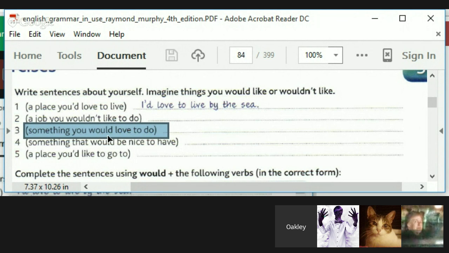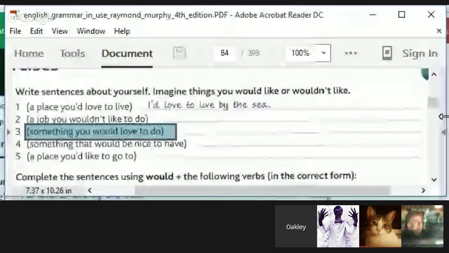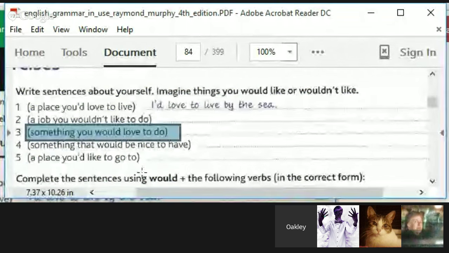David, make a sentence with would or wouldn't, something you would love to do. Okay, well, that's very vague and open. I would love to write music all my life. Oh, okay. All right. I would love to write music all my life. I would love to write music is fine.